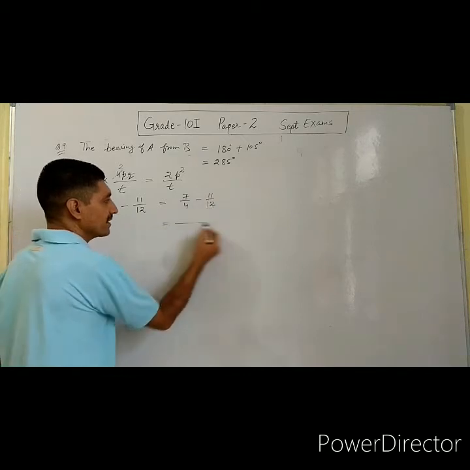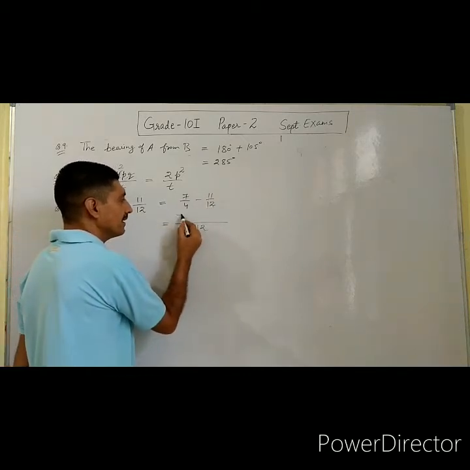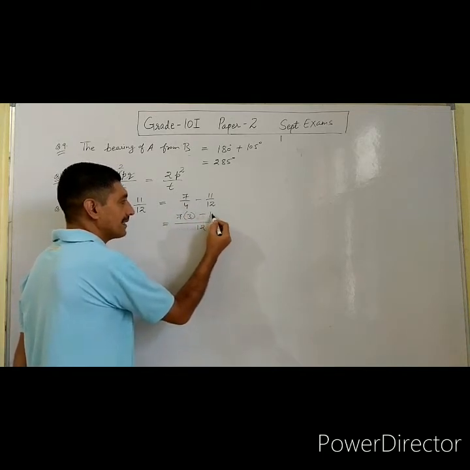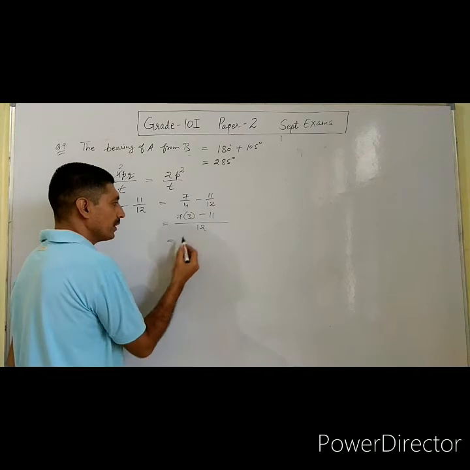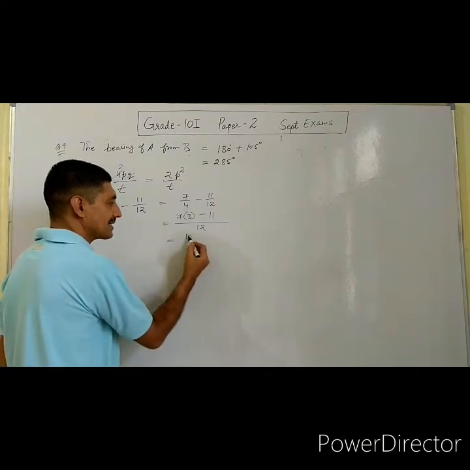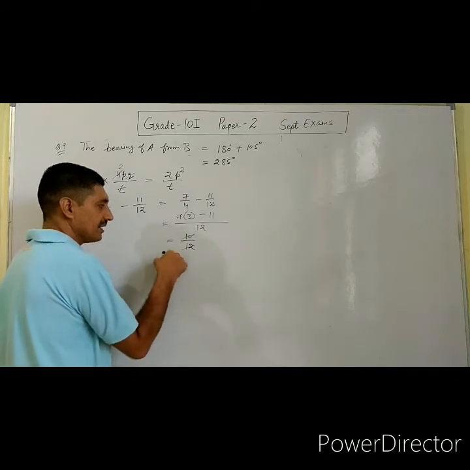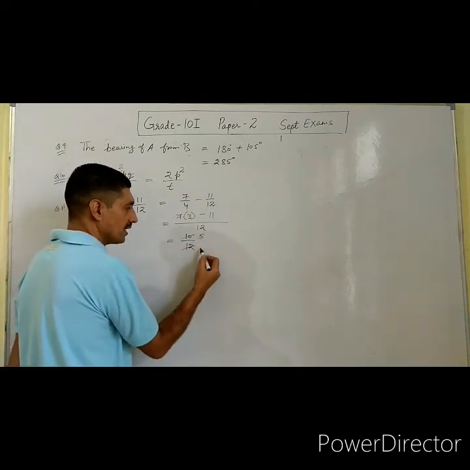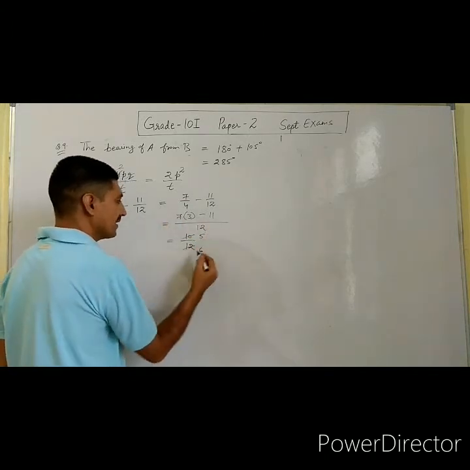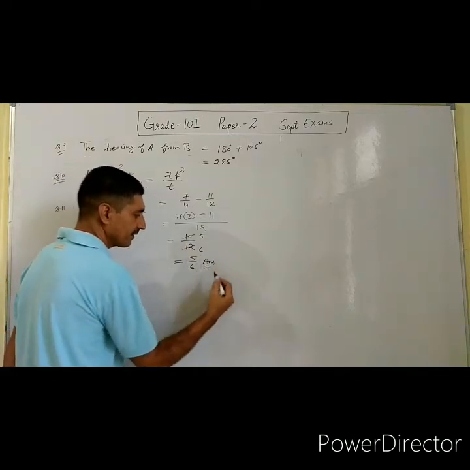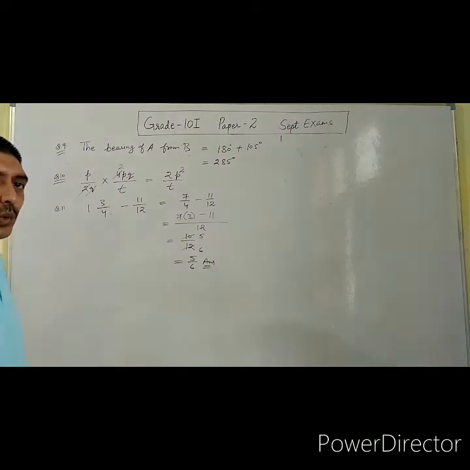So the LCM here is 12, and we have 7 into 3, that is 21 minus 11. So 21 minus 11 is 10 upon 12. So again the simplest form, that is 5 by 6 is the required answer, right? 5 by 6 is the required answer.